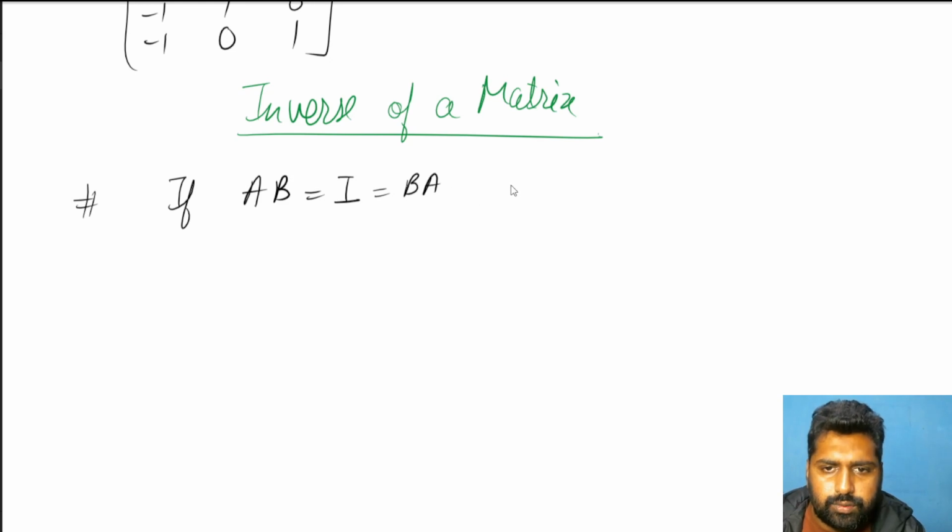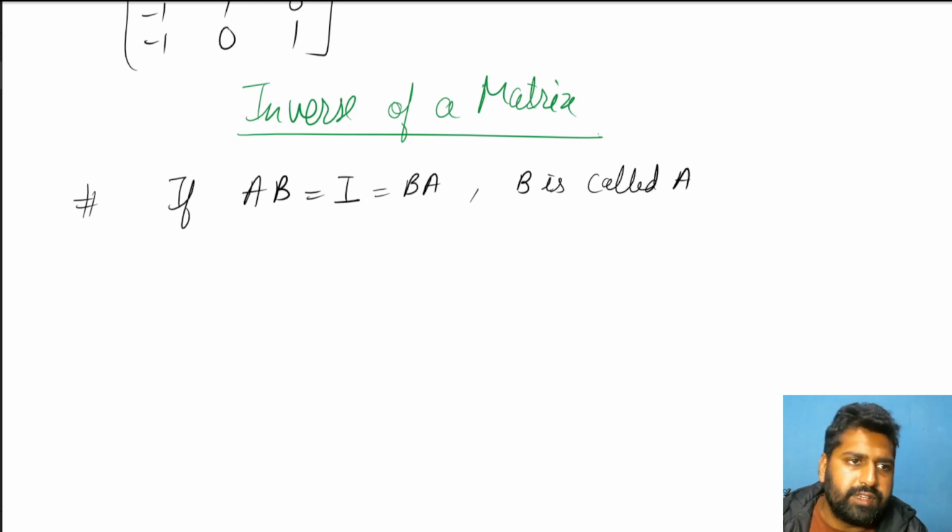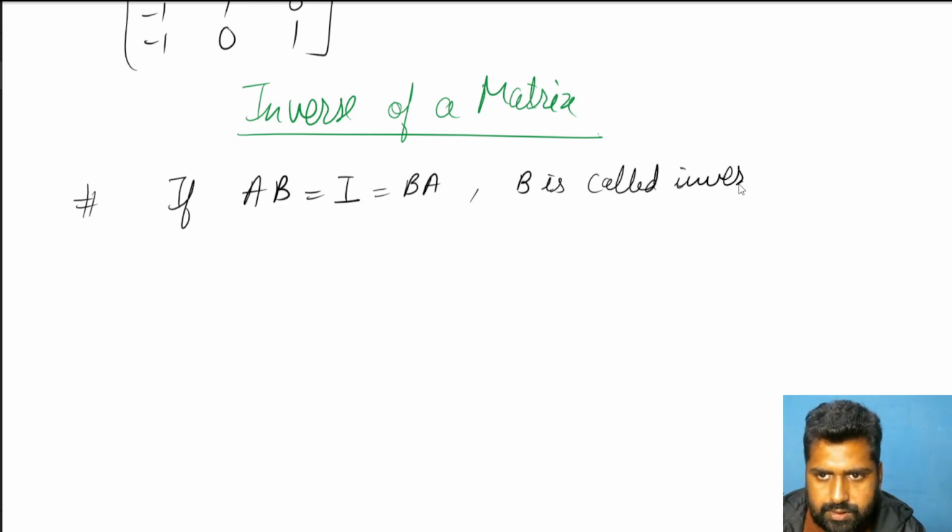In that scenario, we'll say B is called the inverse of the A matrix. Basically it's a matrix which we multiply with a given matrix and the result is an identity matrix.